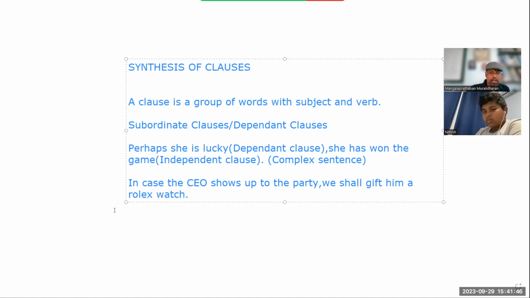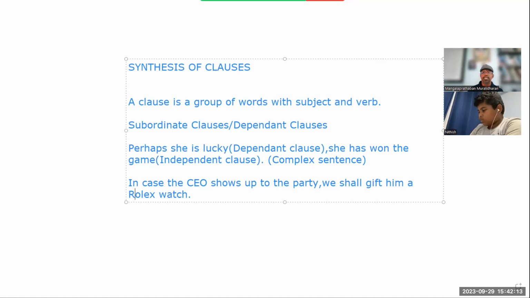The Rolex R must be capital because it's a proper noun. Any proper noun ought to be capitalized, especially the first letter of the proper noun. Capital. Right. Okay. In case the CEO shows up at the party, we shall give them a Rolex watch.